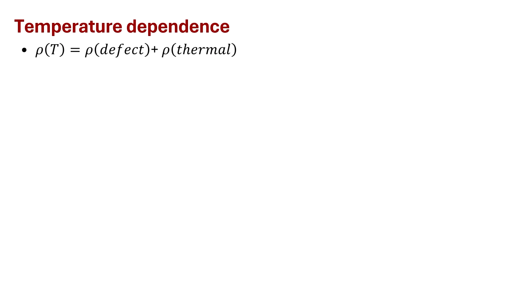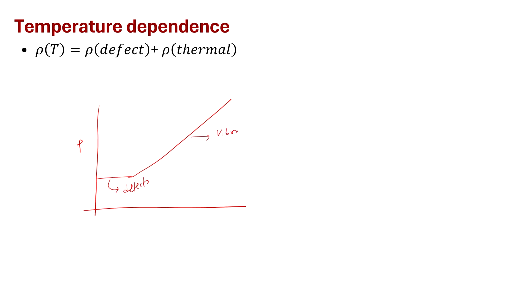So, rho T is rho defect plus rho thermal, and if you plot the resistivity as a function of temperature, initially you observe a defect related part, and then the part due to thermal vibrations. So, this is how the behavior is observed. This is because of defects and this is because of vibrations.